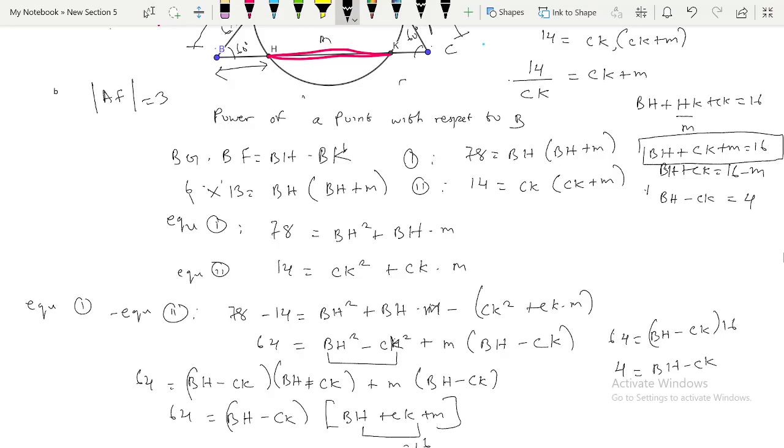We could try solving simultaneously. We could add this. We'd have 2BH is 16 minus m plus 4, which is 20 minus m. We'll have BH as 20 minus m over 2, right? So we have what BH is, 20 minus m over 2. So we could then come here.